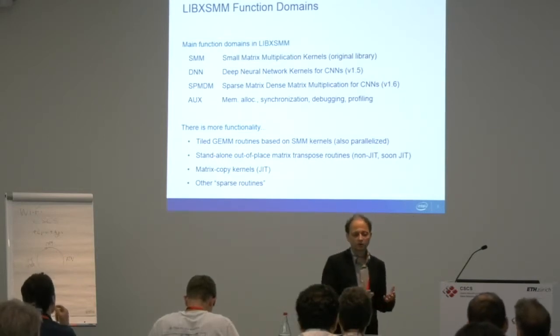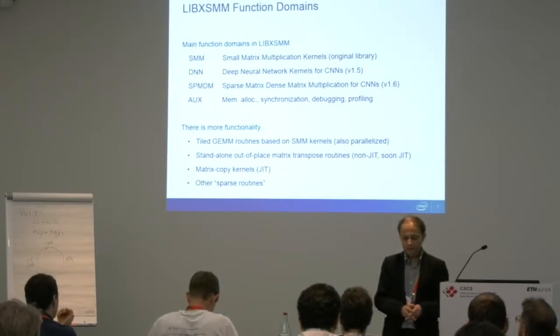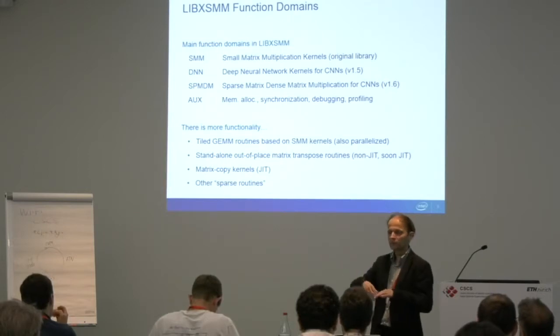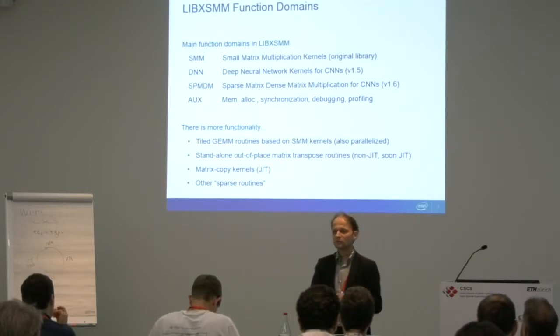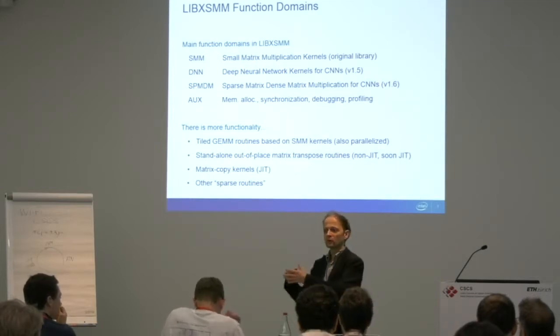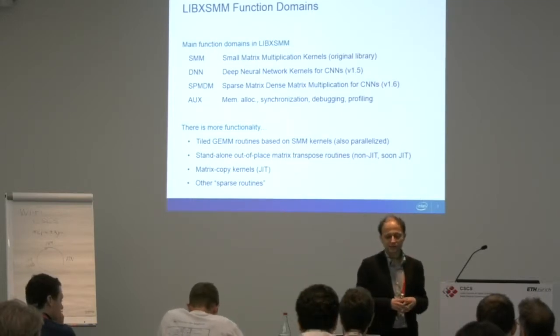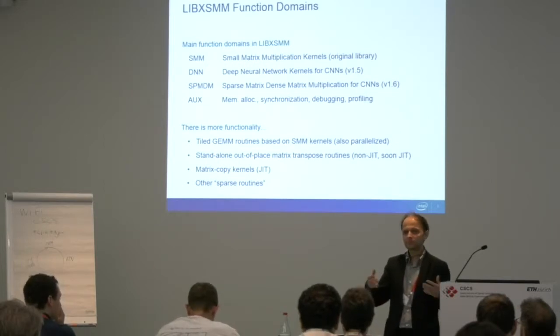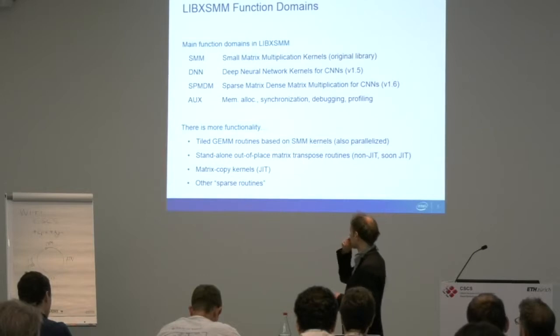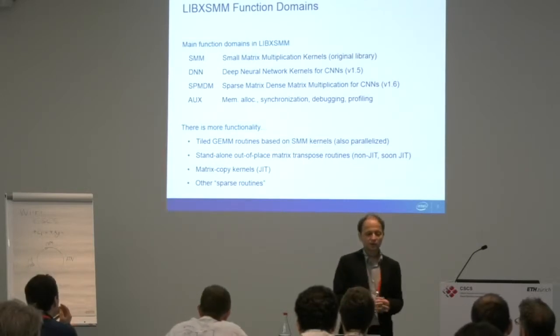Something like this is of interest. And then we have more functionality on top of that that is just emerging, or a proposal, and something that we have some life somewhere else to do, but we need to fill it out in later revisions. Things like a full-blown big matrix multiplication, which reuses the small matrix multiplications for tiled processing.